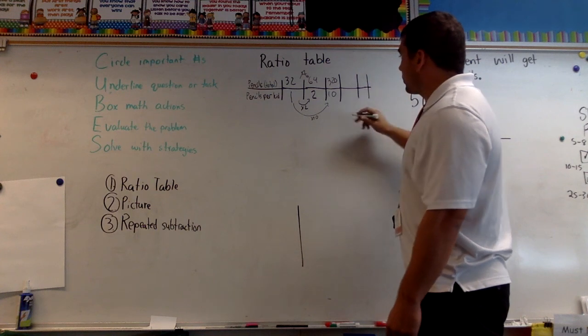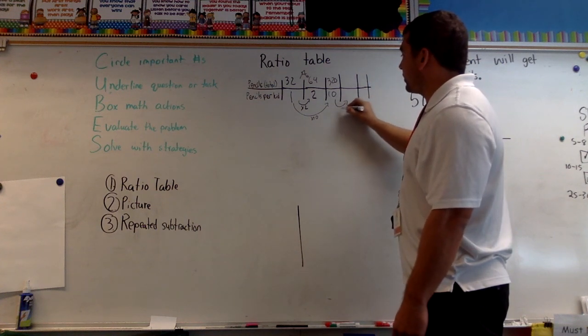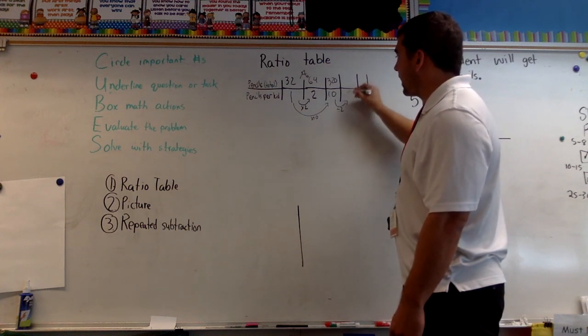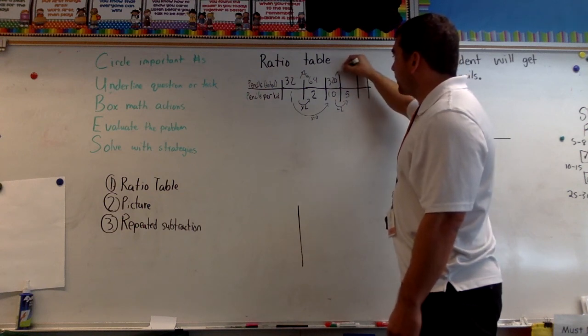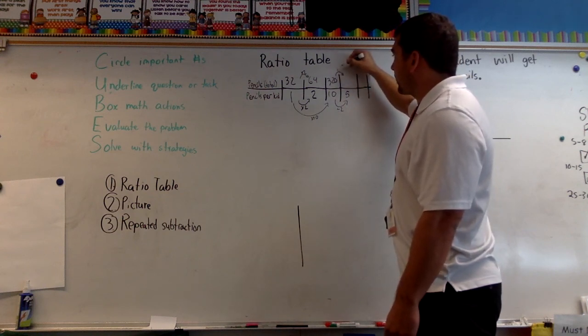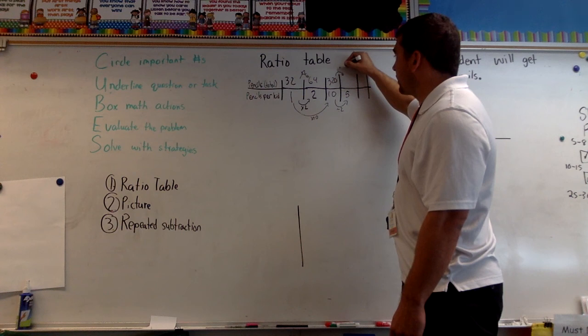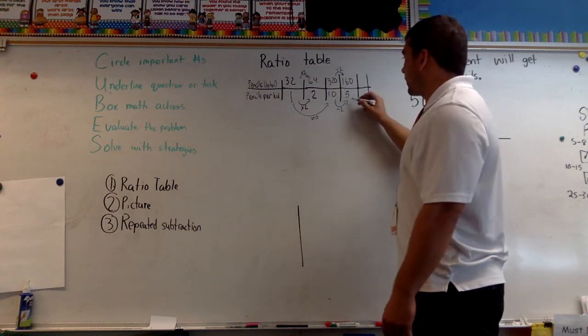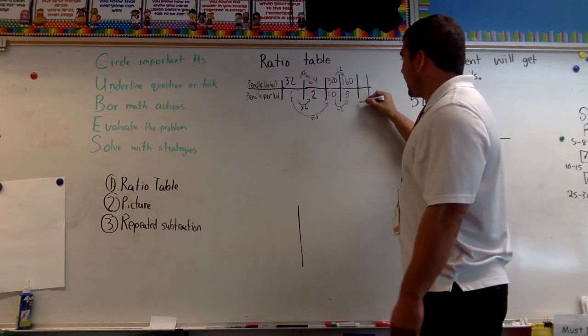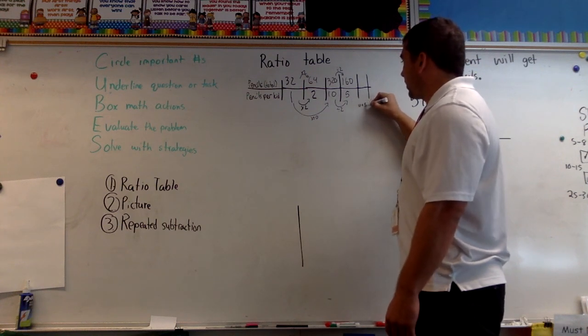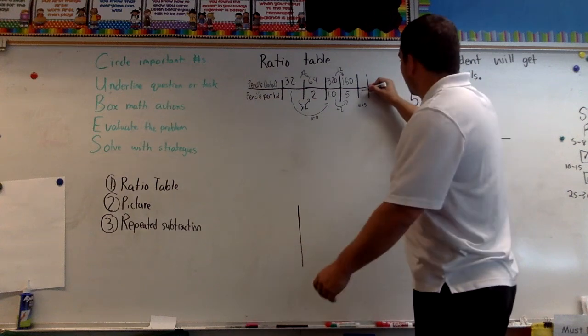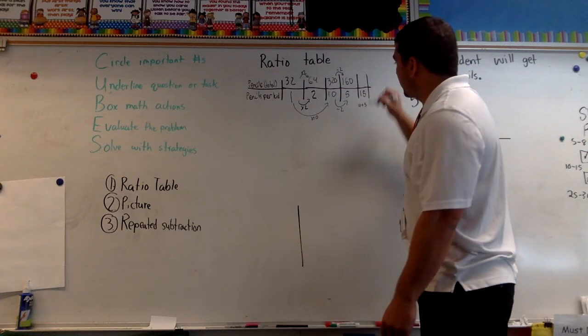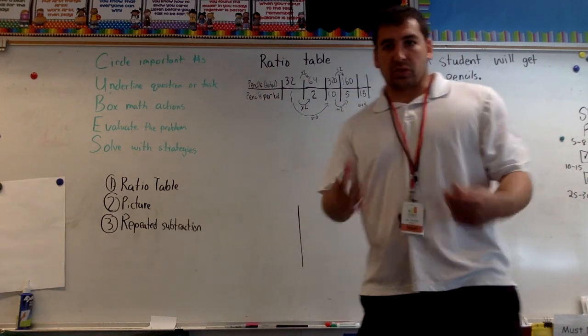Okay, well, I knew that 20 was too much, so I'm going to divide 10 in half to get 5, and divide 320 in half to get 160. All right, now if I do 10 plus 5 pencils per kid, that means they're going to have 15 pencils per kid.